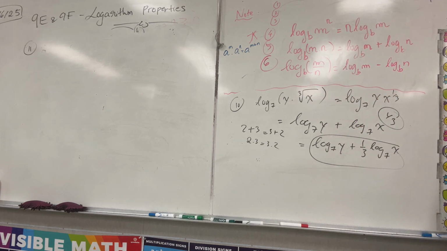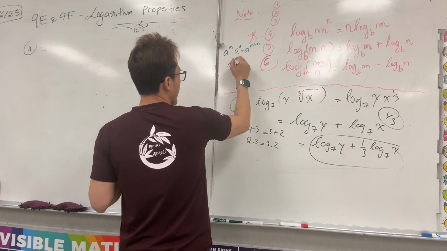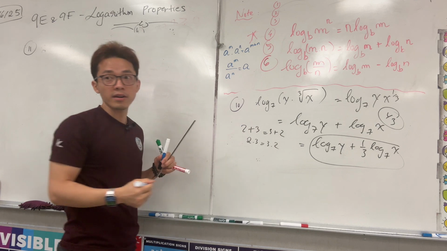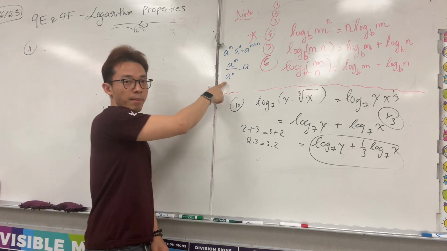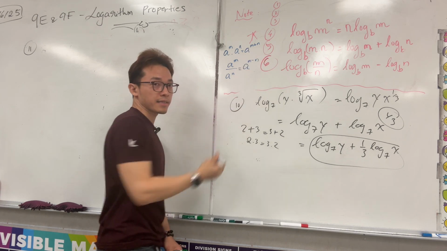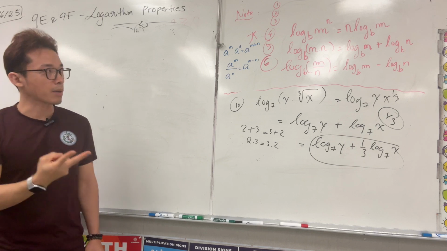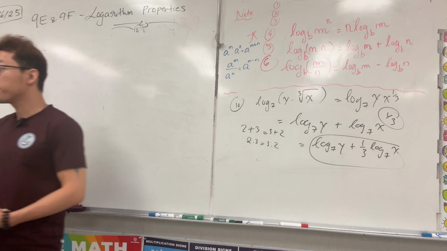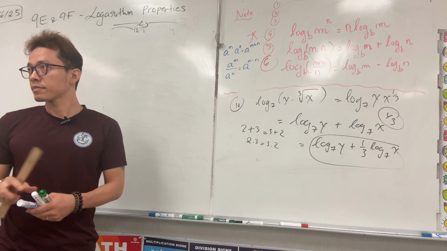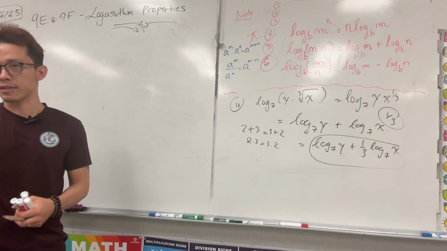You kind of guessed it already, right? Similar to the power: a to the power m divided by a to the power n equals a to the power m minus n. Remember, the log is just the reverse of the power, so they're kind of similar.